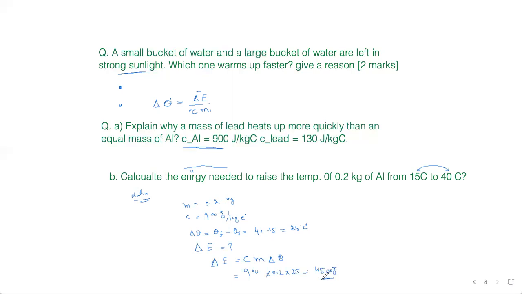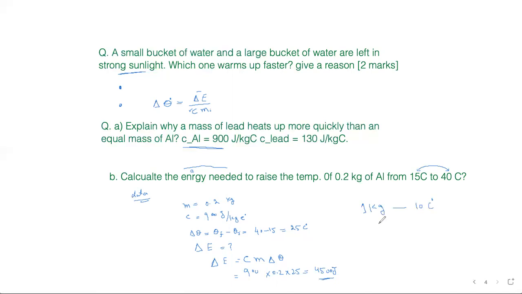Very good. So you can remember this formula with the concept. The concept is that, for example, we have 1 kilogram of water, and we want to increase its temperature by 10 degrees centigrade. It means that delta theta is equal to 10 degrees centigrade, isn't it?